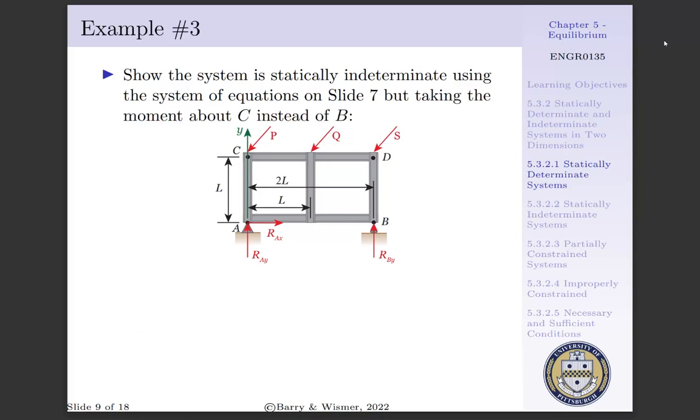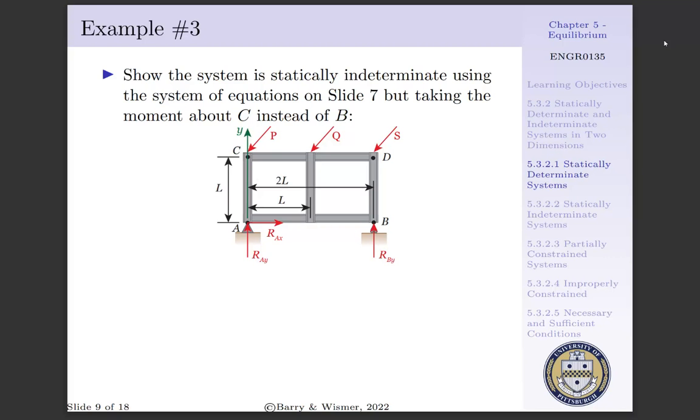In example 3, we want to reconsider example 2, where we took the summation of forces in the x direction, the summation of moments about point A, and our summation of moments about point B. But in this situation, we want to replace our summation of moments about point B with our summation of moments about point C instead. In doing such, we will show that we construct a system of equations that does not allow us to determine the conditions for static equilibrium.